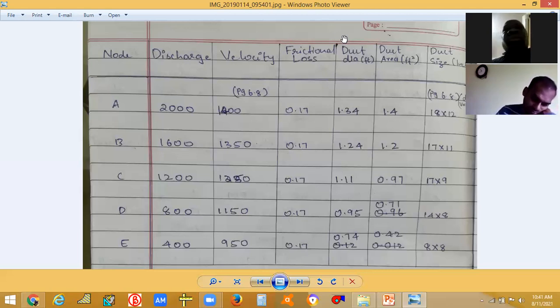So from those two formulas, would you be able to find anything else, like area or friction loss or something like that?